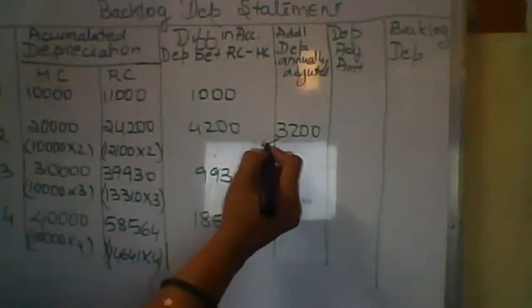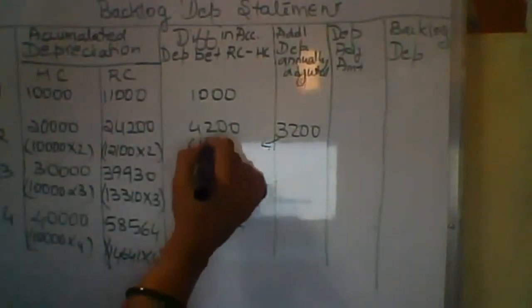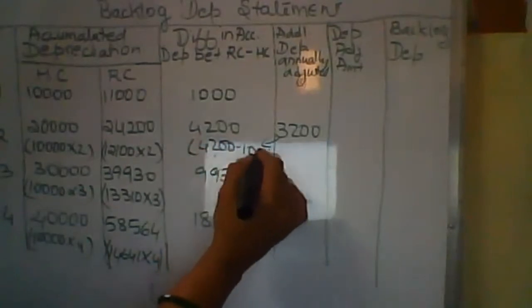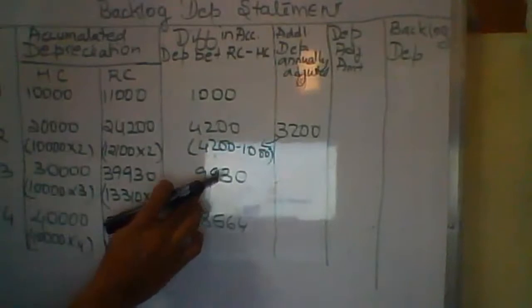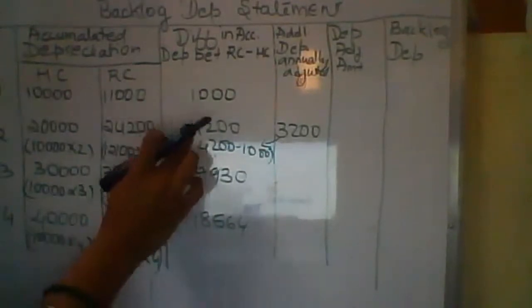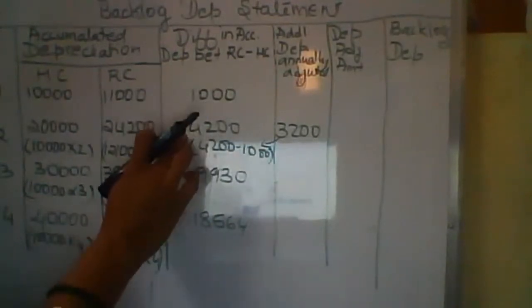Here I am doing 4,200 minus 1,000, because first year I already did 1,000.